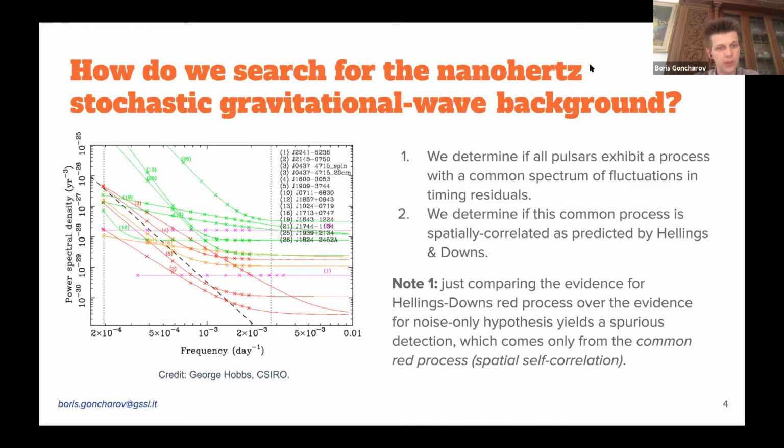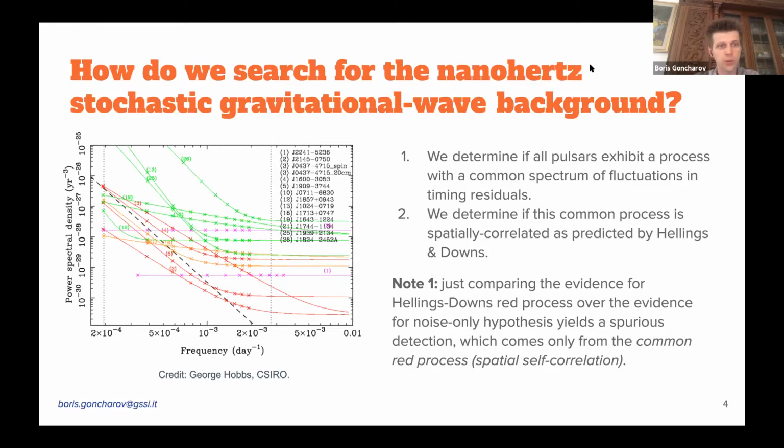On the left, you can see an example image of what the spectra look like for pulsars of PPTA. You can clearly see that there are 2 main features here. The first feature is the white noise, which happens at high frequencies and looks like a flat power spectral density.